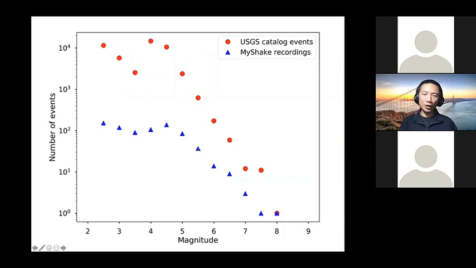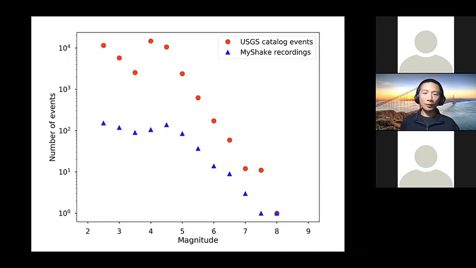Overall you see a general trend, but there's a gap because a lot of the events in the ocean are not detected by MyShake since we don't have phones close by, but they can be detected by the USGS using high quality seismic stations. This is a limitation we must acknowledge between these two networks.